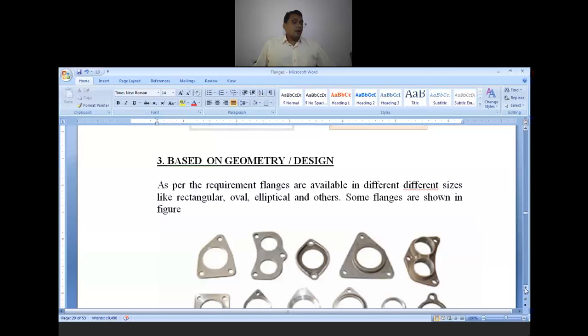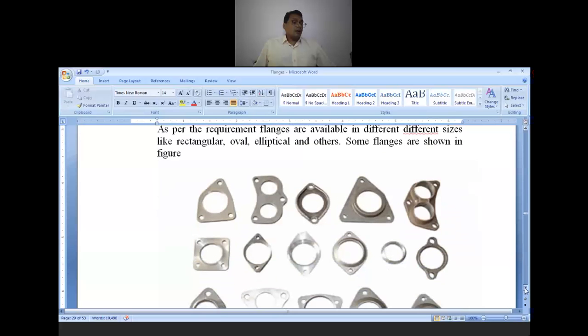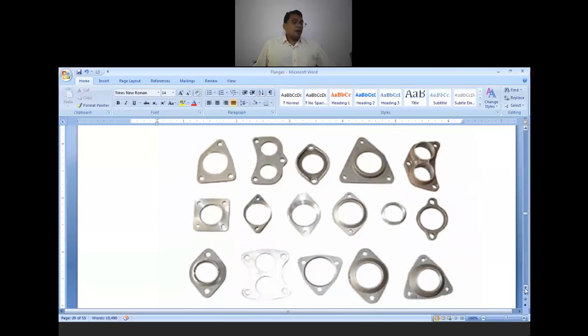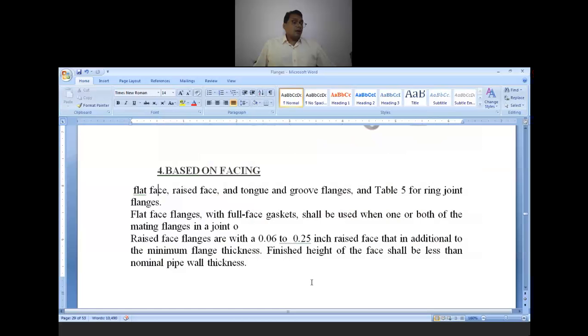At least a few of you must have seen carburetors, an open carburetor. There you can see the different shapes of the gasket and flanges. So a variety of shapes can be available depending on the structure that is available for the fitting. So this is based on the shape.